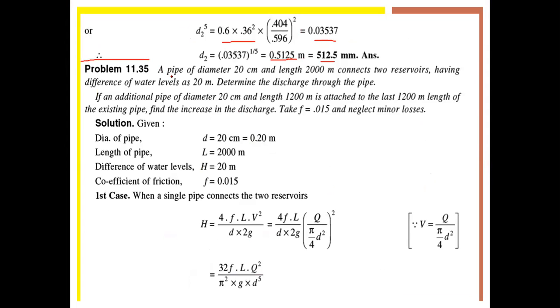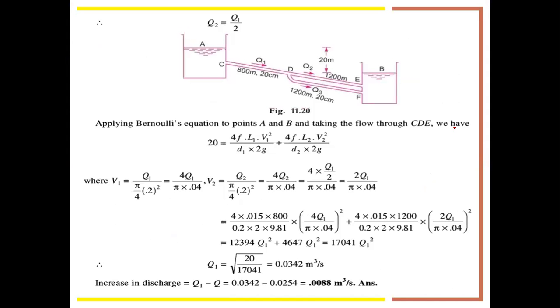Here, a pipe of diameter 20 centimeters and length of 2000 meters connects two reservoirs A and B. The figure is there. See here, this is reservoir A and this is reservoir B. A and B reservoirs are connected by pipes carrying Q, Q1, Q2, and Q3.